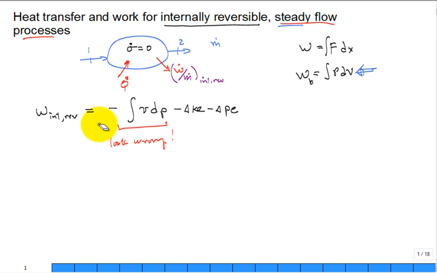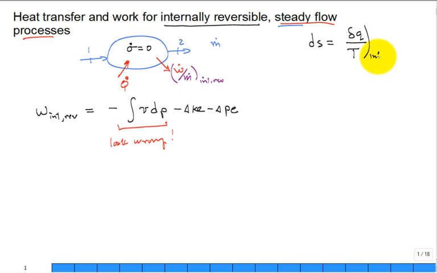Well, where did that come from? Well, let's do this. We're now going to derive it. We're going to use a couple pieces or tools, okay? The one tool that we're going to use is the relationship about entropy. The change in the entropy is equal to a small amount of heat transfer divided by the boundary temperature at which it occurs, assuming it's internally reversible.